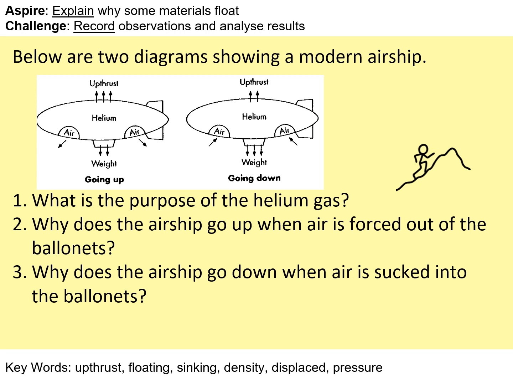But then why does the airship go up when air is forced out of the balloonets, and why does the airship go down when they suck air into it? I'm going to give you 2 minutes to have a discussion if you are in school, or just to gather your thoughts if you are at home, and we'll see if you can come up with the right answers. 2 minutes starting now.